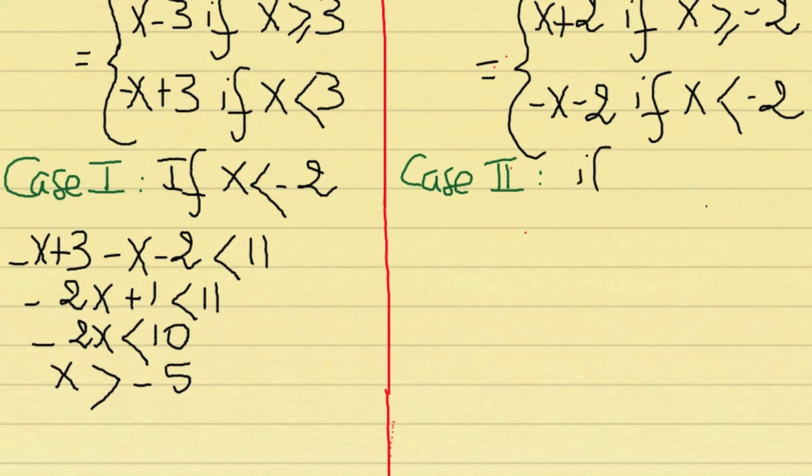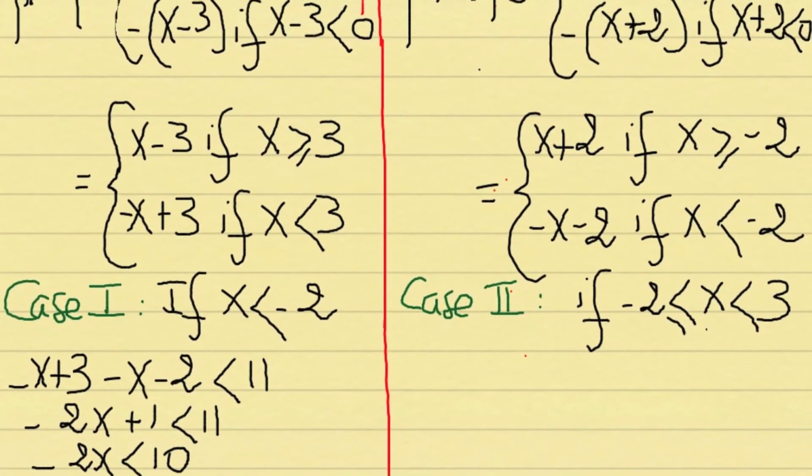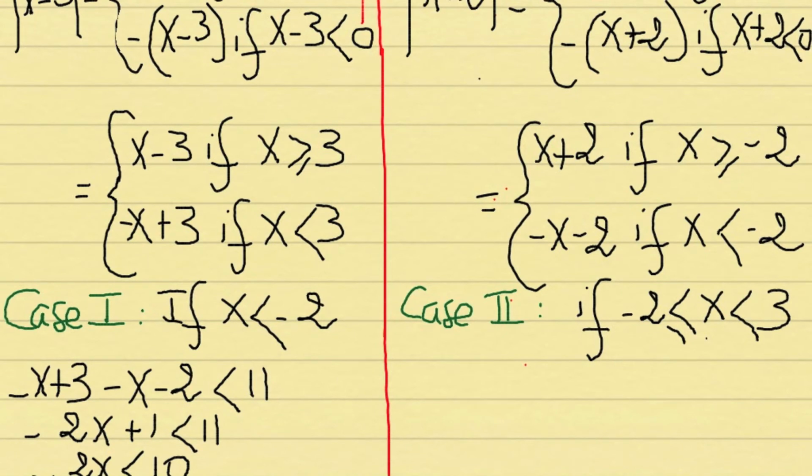That's if x is between negative 2 and 3. Now in this case, x is bigger than negative 2, meaning the absolute value of x plus 2 will be itself, x plus 2, and the absolute value of x minus 3 will be the opposite, just because x is still less than 3.